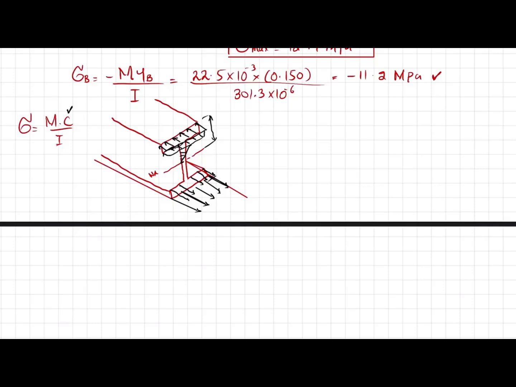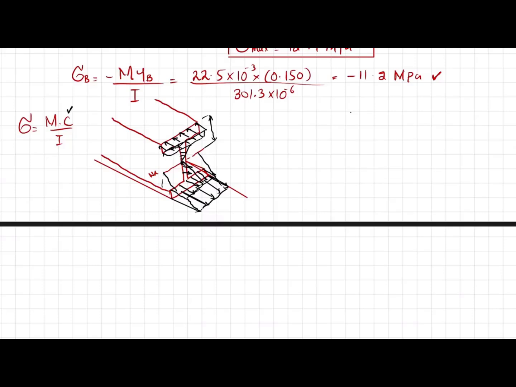So your stress figure will be like this, and it will reduce, and at this point you will have a 0. So the stress distribution will be like this.